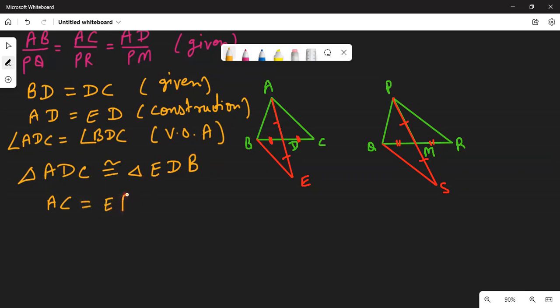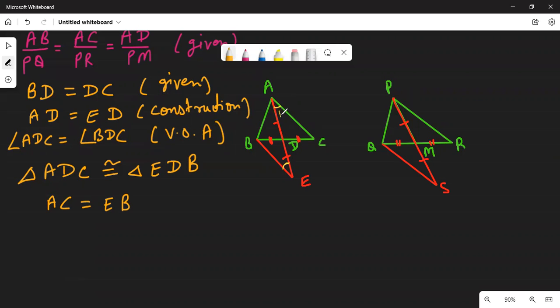Let's also name these angles in the figure, because ultimately we want to show this angle A is equal to angle P. That is our goal, so we are relating these two angles also.